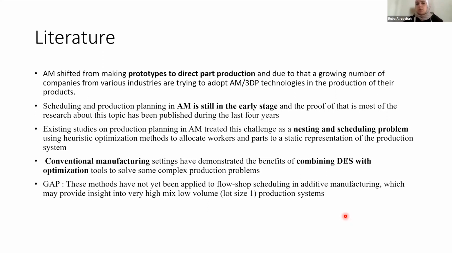Most of the simulation is about the nesting and scheduling problem itself, not combined with identifying the status under different setups. In conventional manufacturing, they have used discrete event simulation with optimization tools for solving complex production problems, but it hasn't been applied in additive manufacturing. So here's the gap. This will be the first application of this approach in the additive manufacturing field.